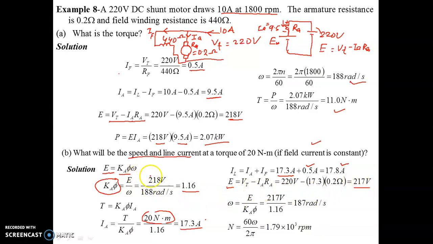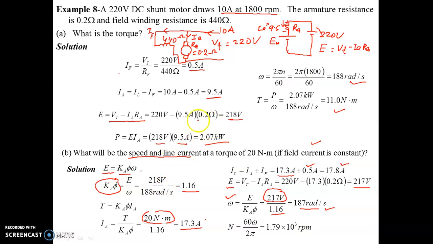Now coming to the speed portion, speed is Ea by Ka into phi. So Ea I have already calculated here, 217 divided by this value. So this much speed will be there, and we can also convert into RPM, rotation per minute. So speed in rotation per minute will be 1.79 into 10 to the power 3 RPM.